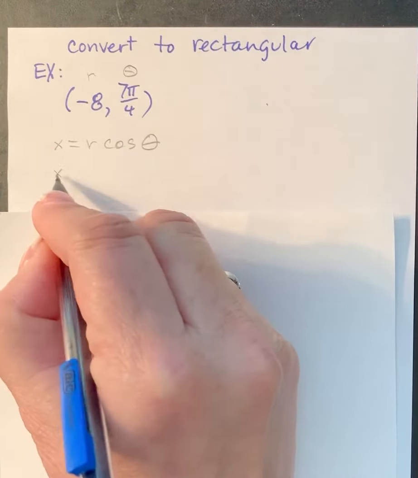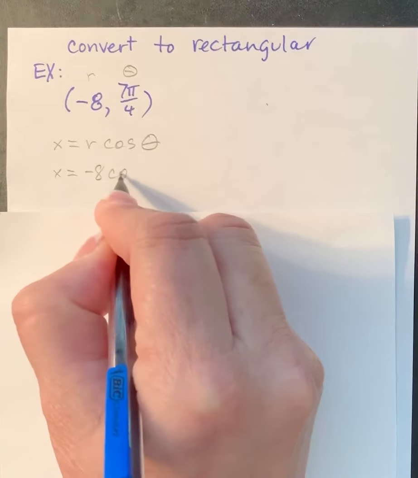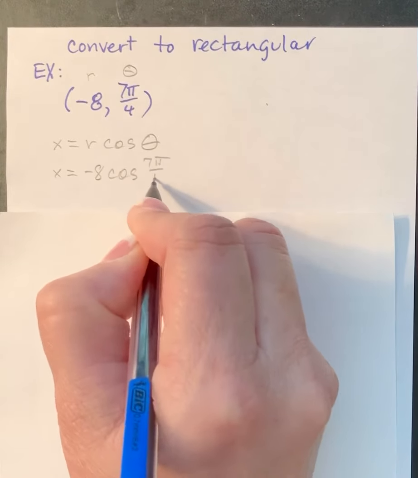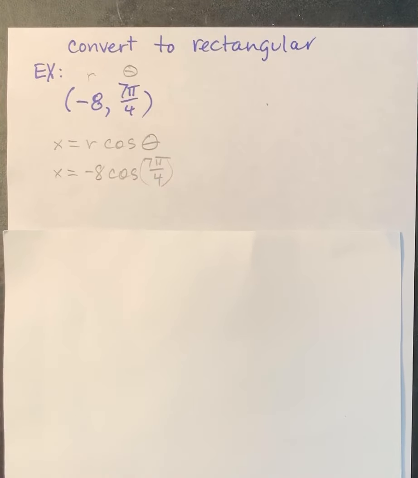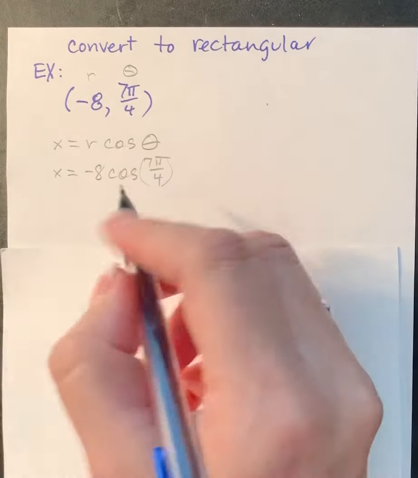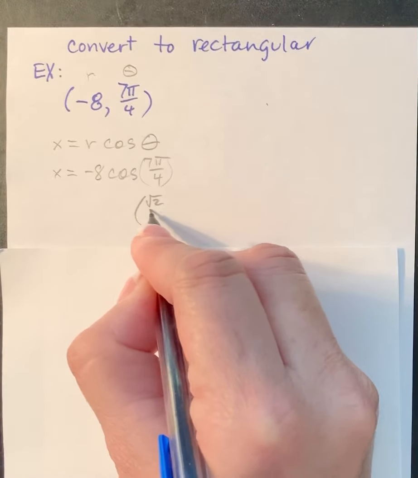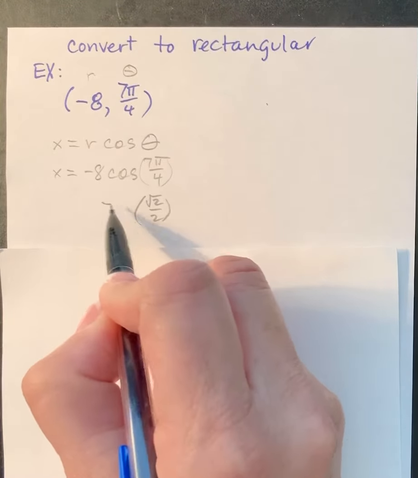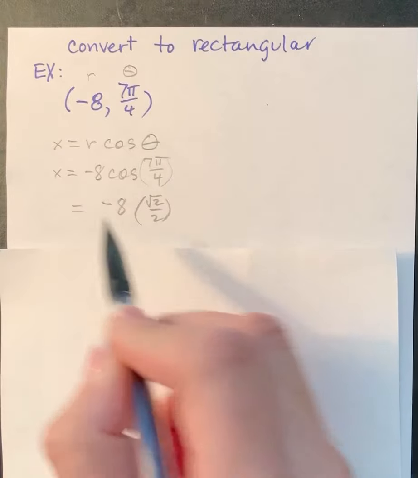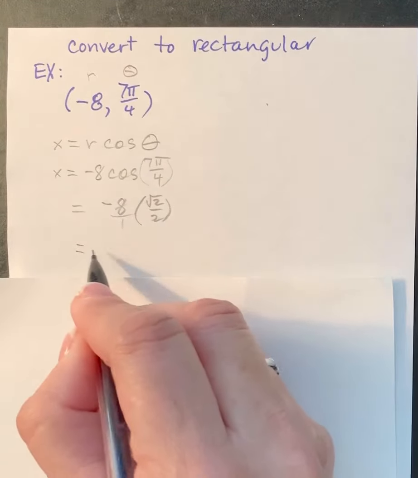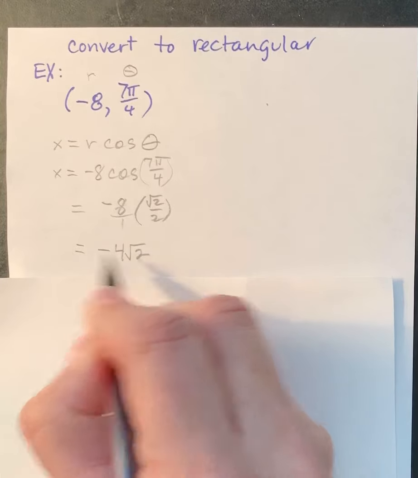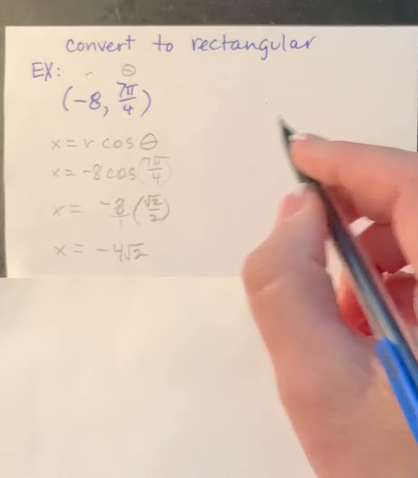So x equals -8 times the cosine of 7 pi over 4, and you recognize that as a special angle with an exact value, so that would be the square root of 2 over 2. So you're going to do -8 times that, and 2 goes into 8 4 times. So we're going to end up with -4 times the square root of 2. That will be the x coordinate.